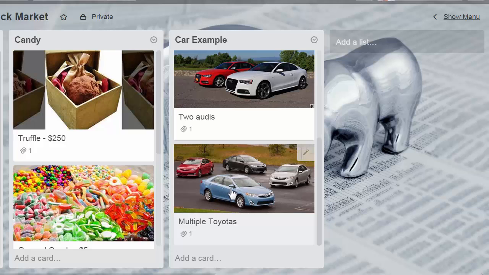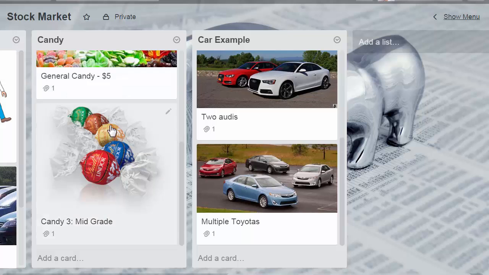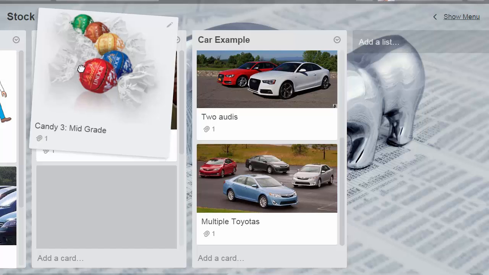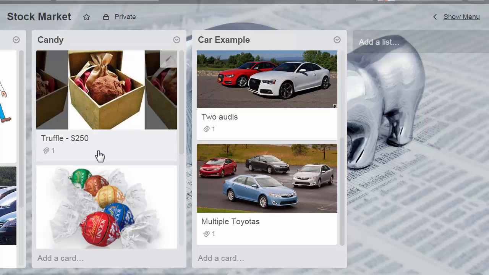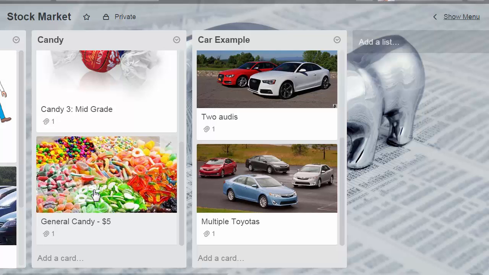So it depends on your quality valuation. You have to determine where you are in terms of the candy or car example. Are you more of the Truffle person, or would you rather make a few more trades in between, like this candy right here? Let's say it's mid-range. Or would you rather make a ton of trades but only make a little bit of dollars?